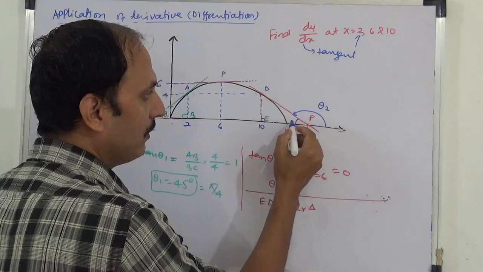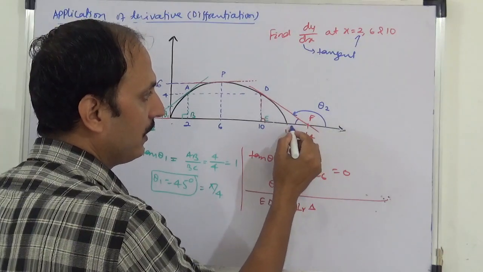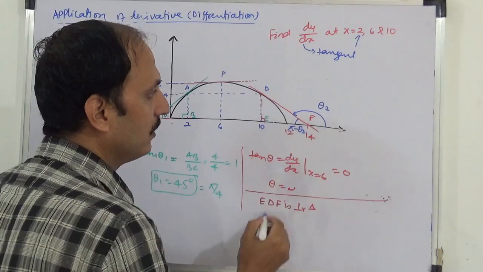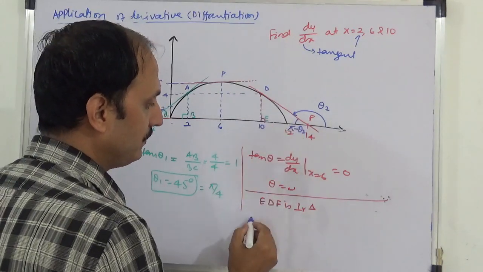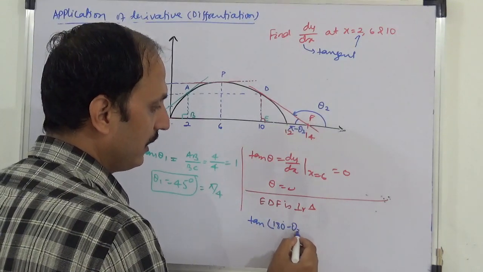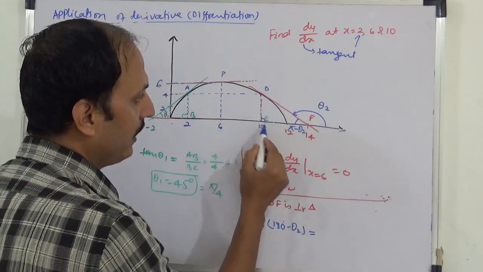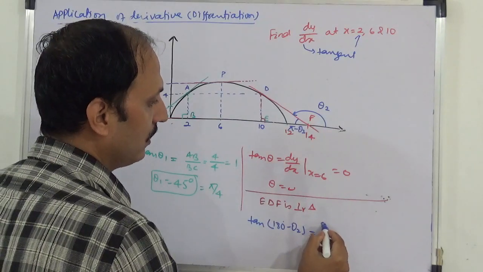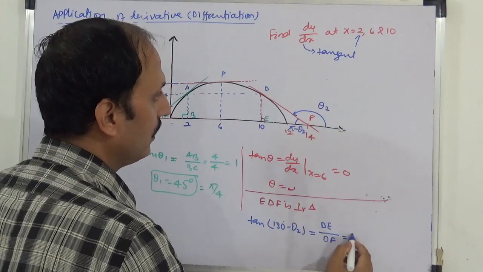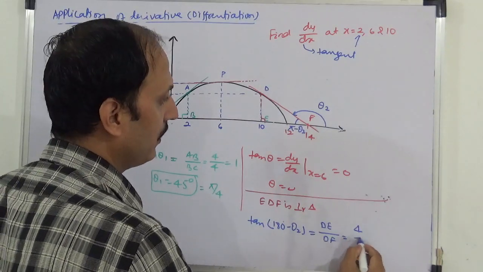So what will this angle be? If you remember, it is pi minus theta 2, where pi means 180. So in this triangle, tan of 180 minus theta 2 will be the height DE by DF. DE is 4, DF is 4.